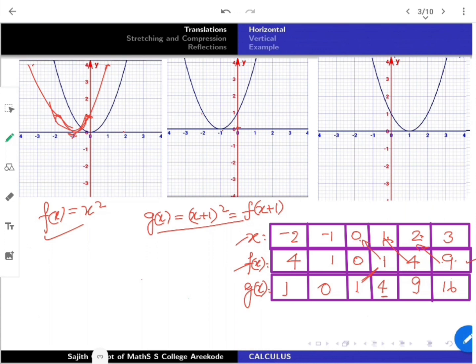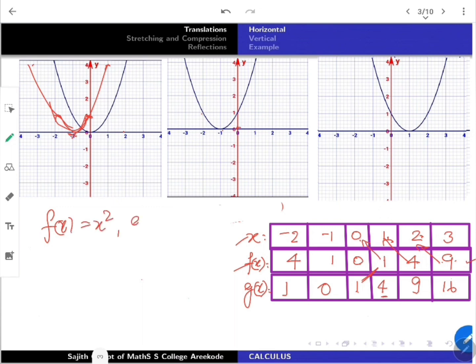So, what we can observe is the following. If f of x is x square and g of x is going to be x plus 1 whole square, which means f of x plus 1, then the graph of g is obtained from the graph of f by just shifting the whole graph of f 1 unit towards the horizontal direction left.